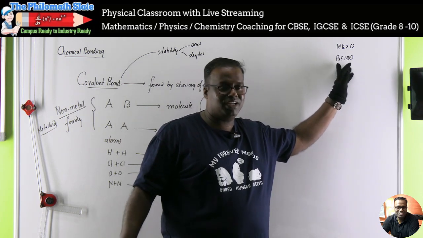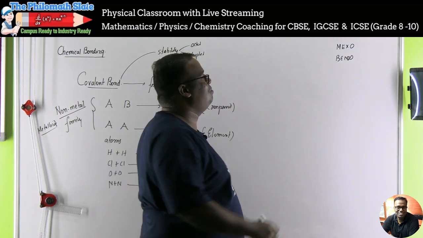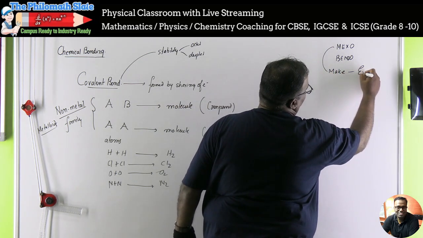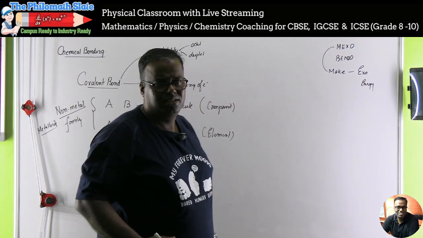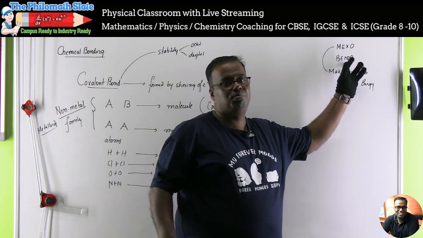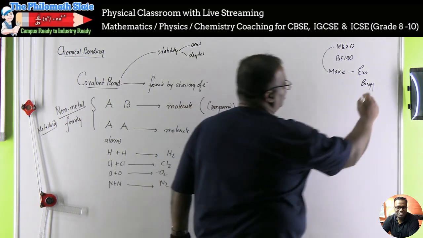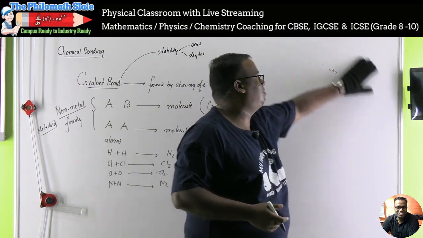Bendo means break, endo, energy in. If you make bonds, then the process is exothermic. Exothermic you must have heard, right? And if you break bonds, then it is endothermic. Just for remembering, we'll capture this anyway in later chapters, not to worry about.